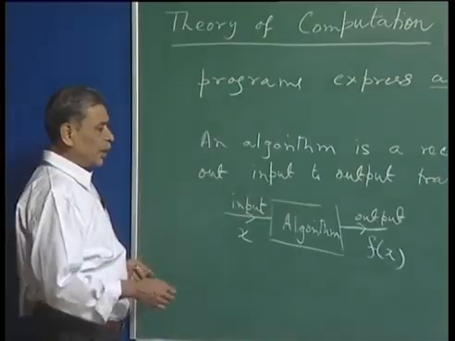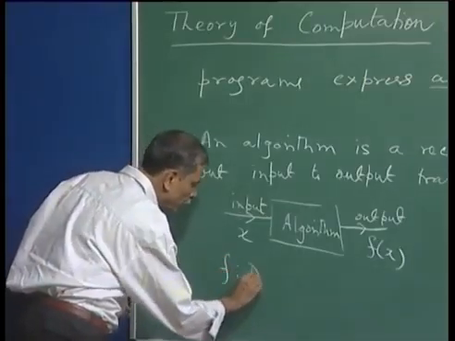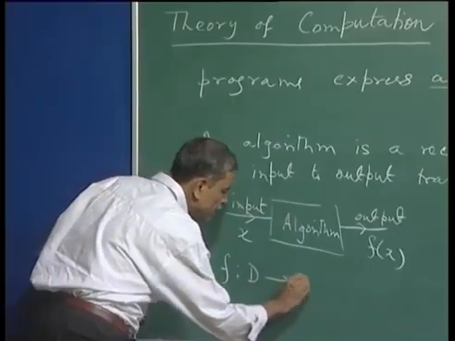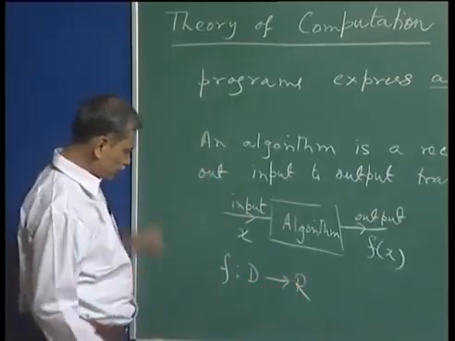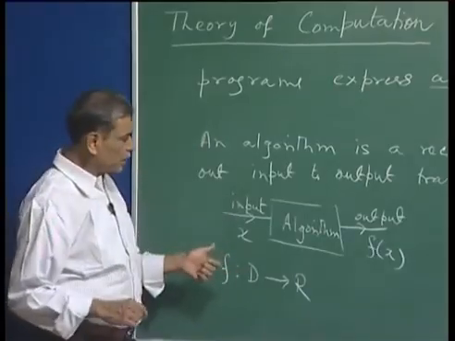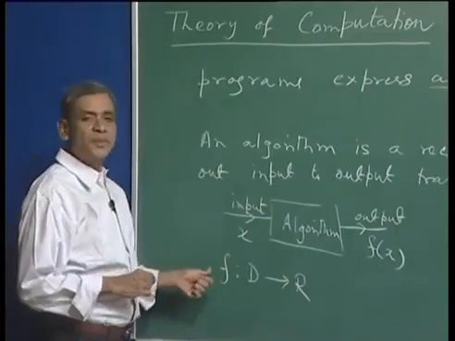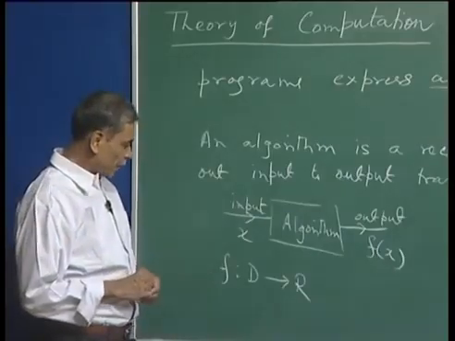As you know, a function f is a mapping from some domain to some range, and in this case the domain is the domain of all inputs and the range is the range of all outputs for a specific function, right.